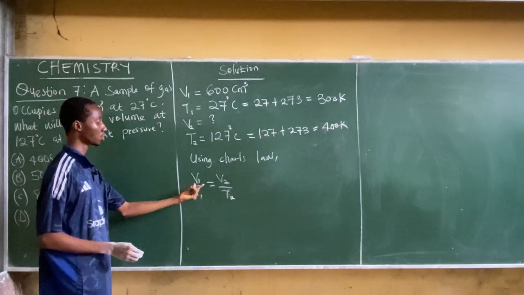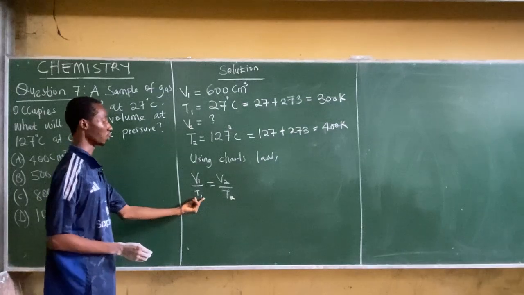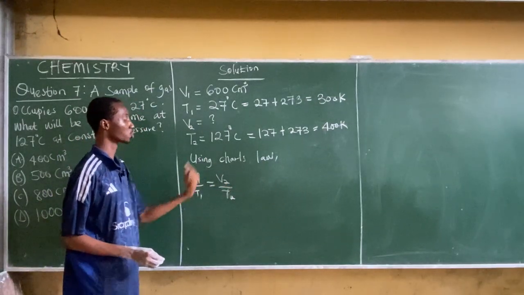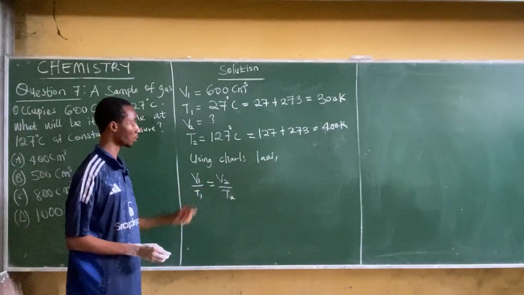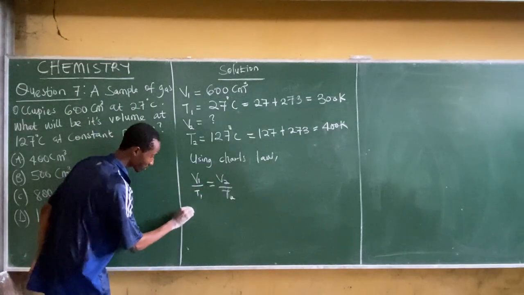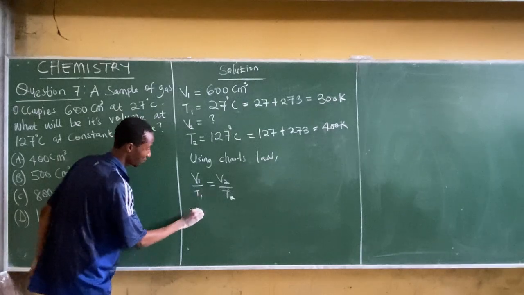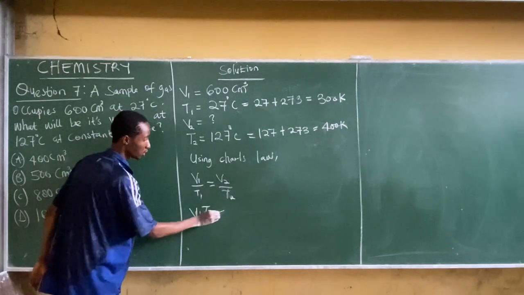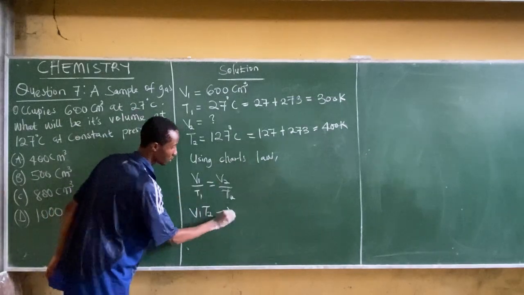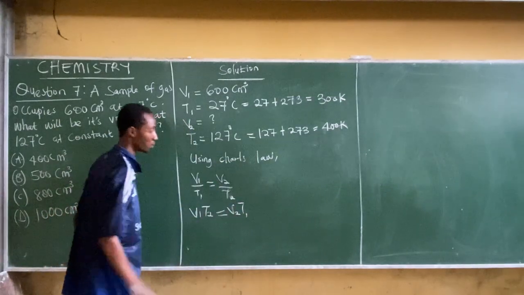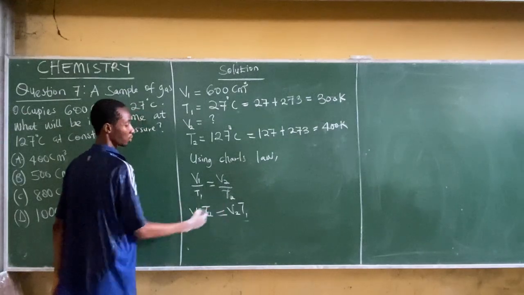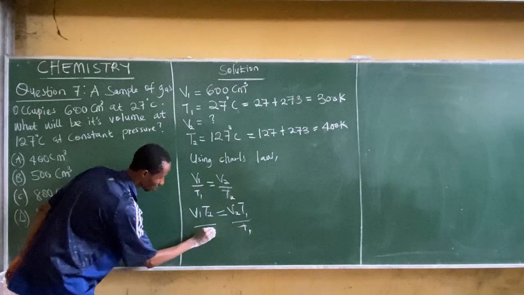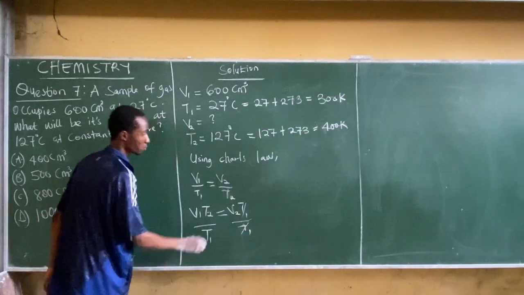We have V1, we have our T1, we have T2, but we don't have V2. So we make V2 subject of formula. When we make V2 subject of formula here, we cross multiply. We have V1 T2 is equal to V2 T1. We divide by the coefficient of V2, which is T1. This will cancel this. We're left with V2.